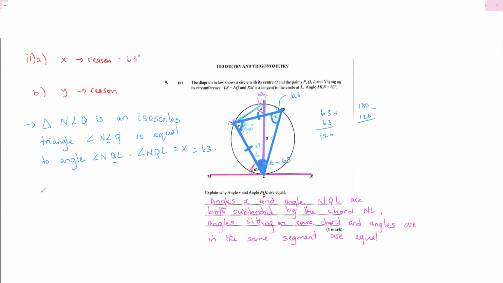And because it's a triangle, we add what we know and subtract from 180.